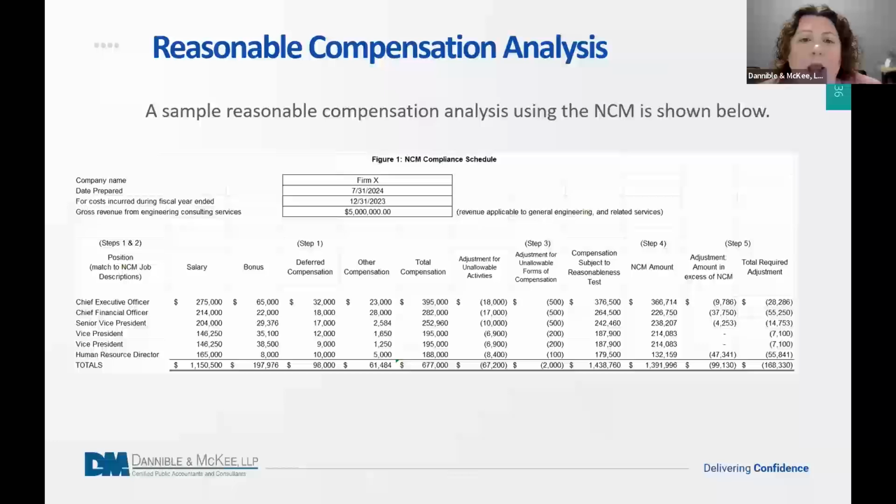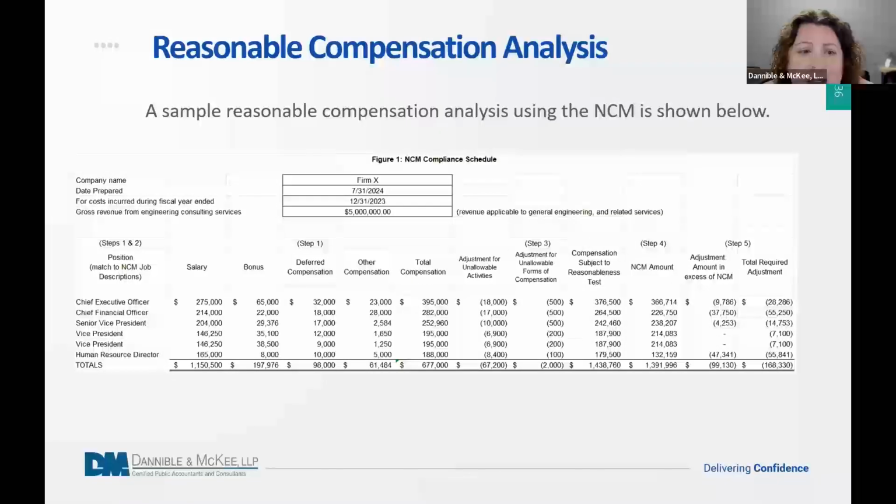So this is what it looks like. It's based upon your gross revenue from your firm, and it's based on a title. There are titles such as the CEO, CFO, senior vice presidents, HR directors, and based upon your gross revenue, you plug it into this matrix, and then it posts what your max salaries should be for your level of firm.